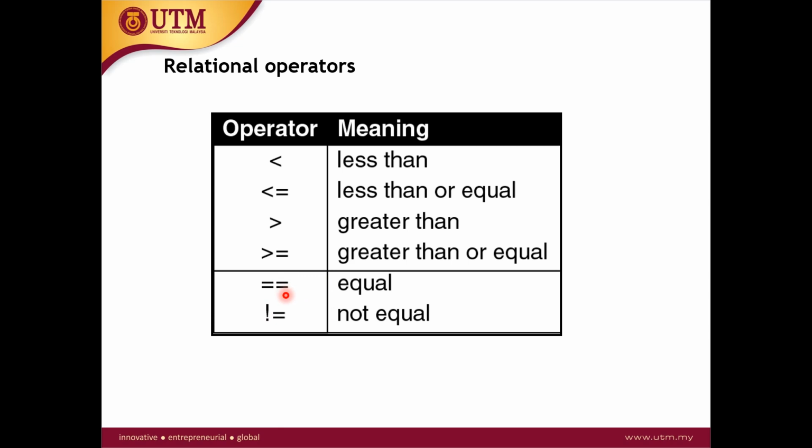So those two are very important, and even the others are very important. If you want to compare two values to see if they are not equal, what are you going to write down? This exclamation mark and this assignment put together, in order to refer to non-equality.